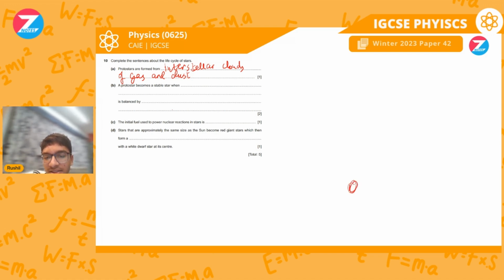So if this is a star, it exerts radiation pressure outwards, but gravitational pressure inwards. So it keeps growing, and it stops growing when the net force is zero, which is when the radiation pressure and the gravitational force are equal. So we can write: when the radiation pressure is balanced by the gravitational force.